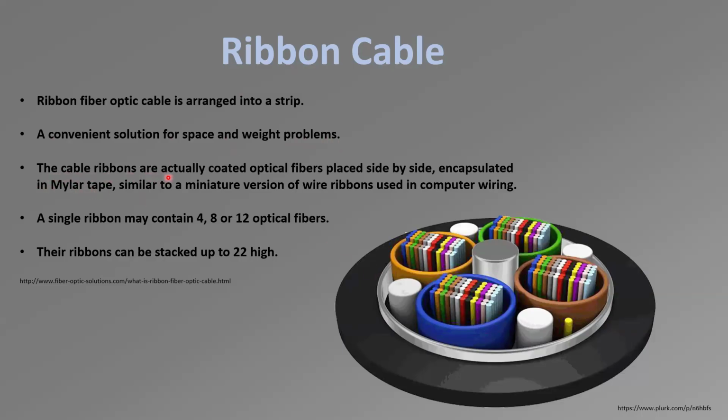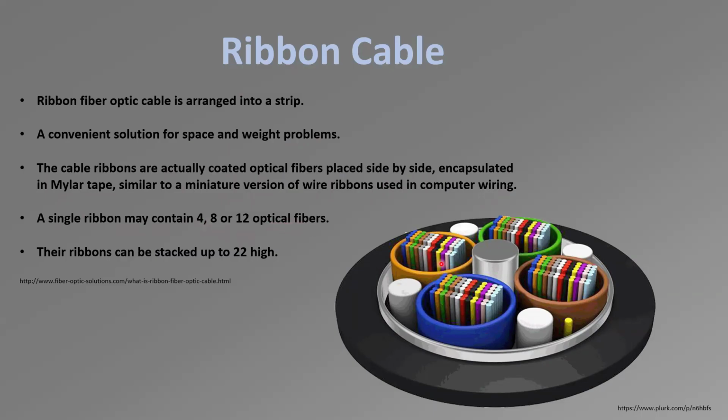The cable ribbons are actually coated optical fibers placed side by side, encapsulated in mylar tape. You may want to try and find out what mylar tape is. It's similar to a miniature version of the wire ribbons used in computer wiring. A single ribbon may contain 4, 8, or 12 optical fibers.